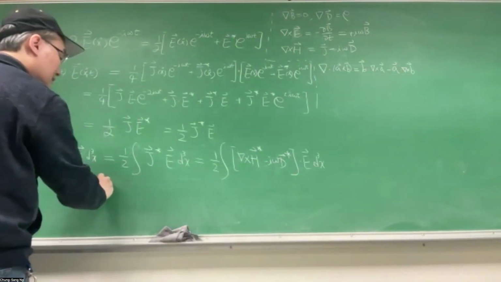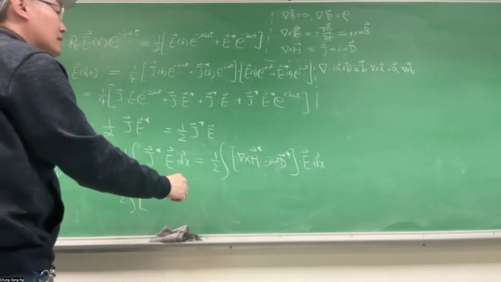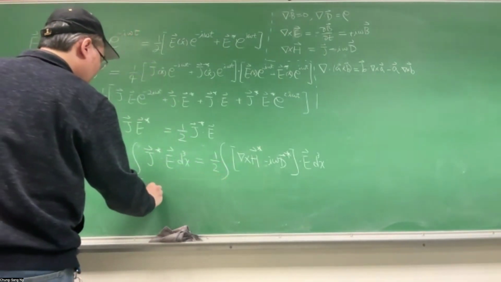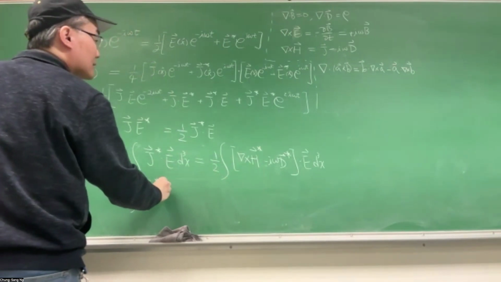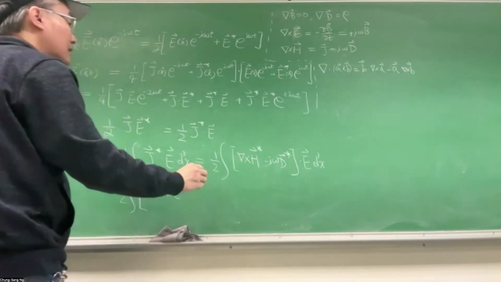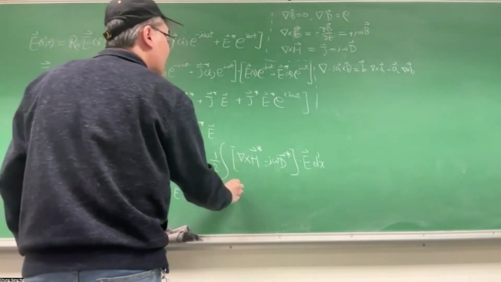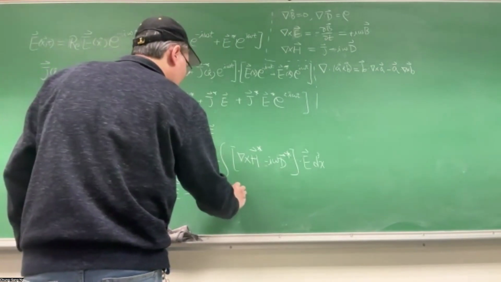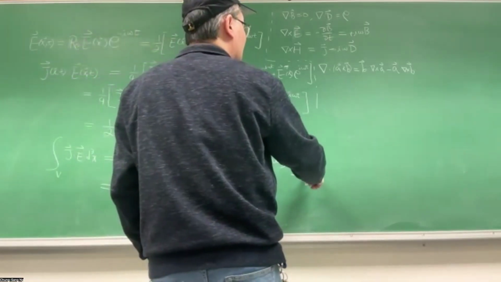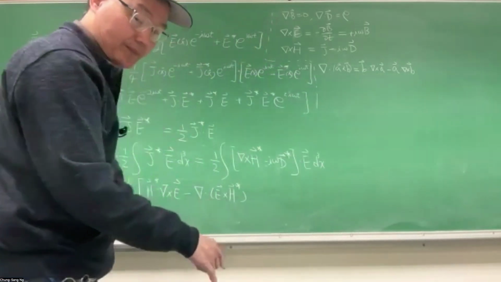So for the first term, you have the H complex conjugate dot into curl of E, and then minus what we want, divergence of E cross H. So that is this dot into this, using this identity, turned into this one minus this one, right?